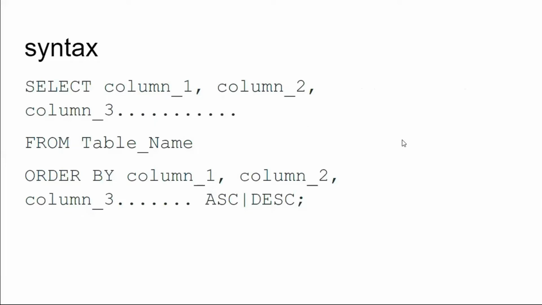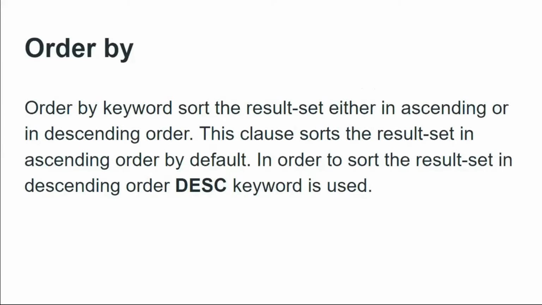First, we will start with the order by clause. Order by is a keyword used to make your result set in ascending or descending order. To sort your result set, the order by keyword is used. The default for the order by keyword is ascending order.